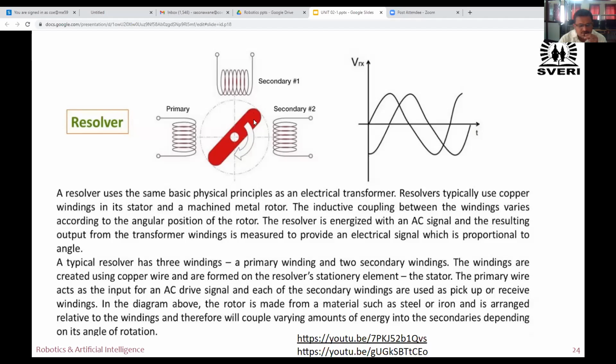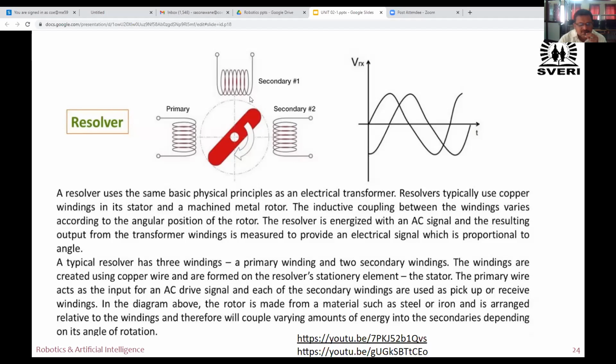When this metal rotor starts rotating, if the maximum portion is in front of secondary winding S2, then maximum EMF will be induced in S2 and minimum in S1. Therefore, the output EMF E0 is equal to ES2 minus ES1.